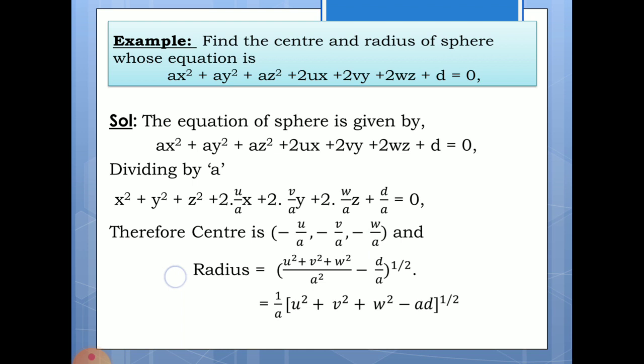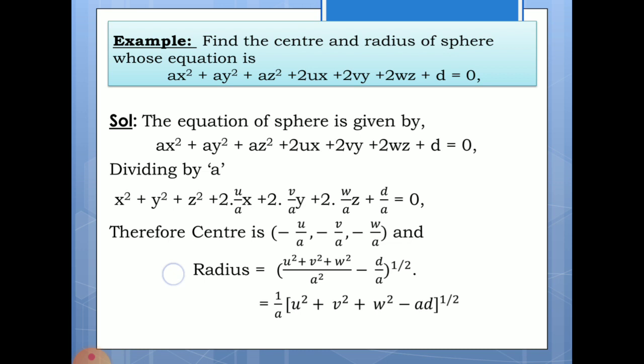Now you have to remember that in this equation, the coefficient of x², y², z² is taken as a. If this coefficient is 1, then the center is (−u, −v, −w).